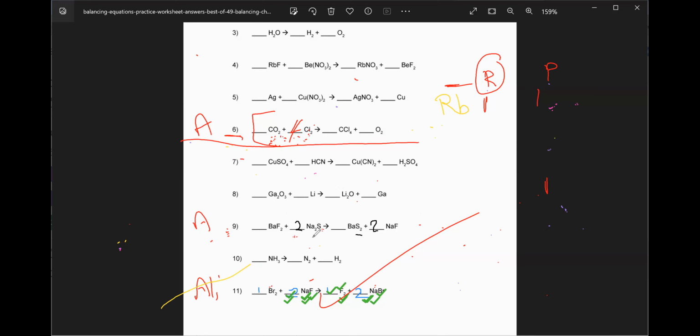And then what will you do? This 2 is not enough. You will remove it and put what instead? 4. 4 sodium is okay, and 4 F. And then here, sulfur 1. Sulfur 2 is okay. It's going to be 2 and 2 here.